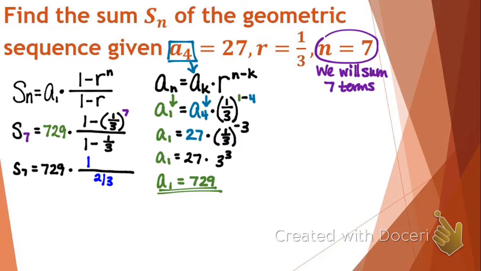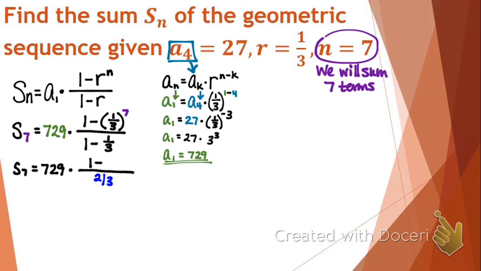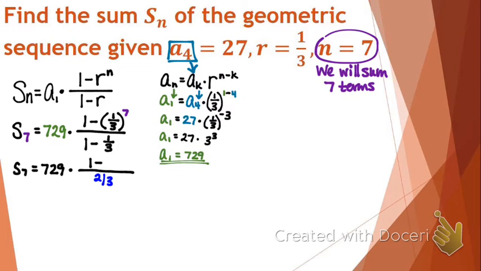In the numerator, I need to do 1 minus, and then I need to know what 1/3 to the 7th power is. What is 1/3 to the 7th power? 1/2187.